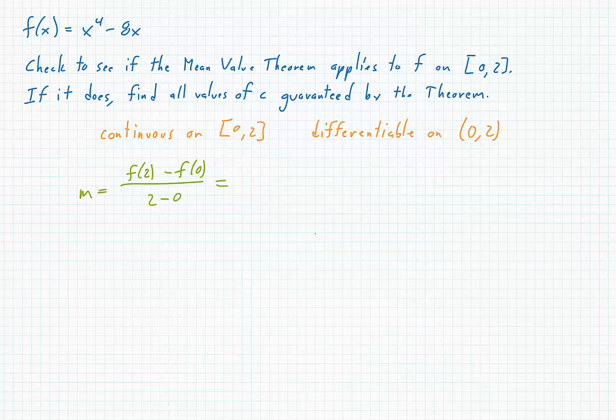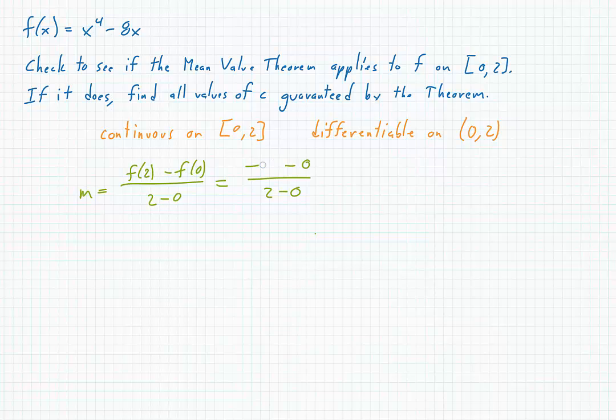And f of 2 is going to be negative 16, and f of 0 is going to be 0. So we'll end up with 2 minus 0. Right, 2 times 2 times 2 times 2 is 16, minus 8 times 2. Why did I have a wrong value here.